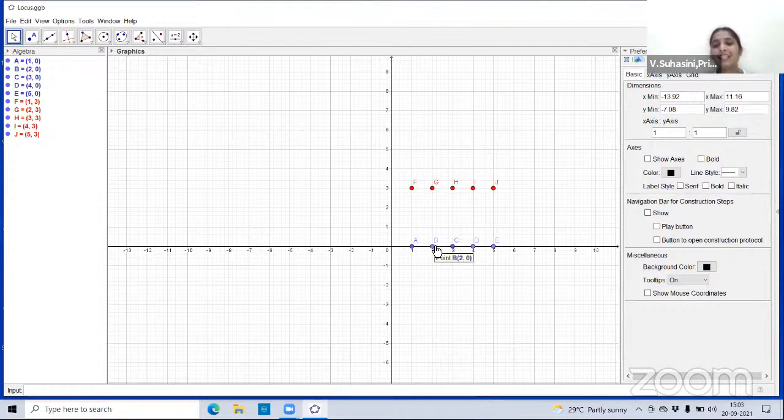Look at the point B, (2, 0). So whatever you show or mark is written there. See, it is the x-axis. The line name is x-axis, whose equation is y = 0. And you have F, G, H, I, J. It's a collection of points. This is a collection.